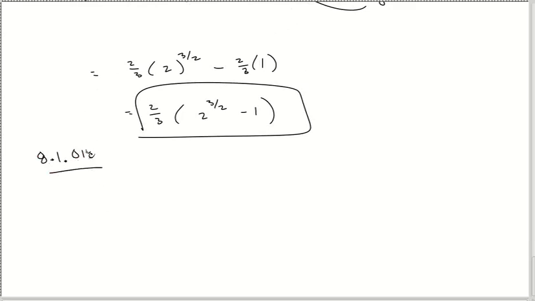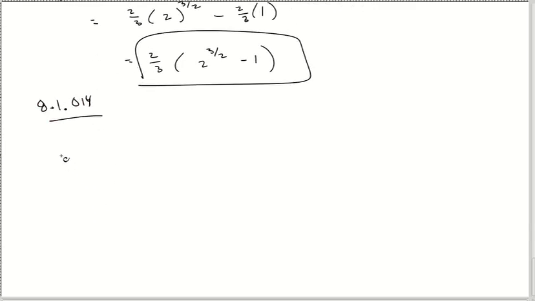Problem 8.1.14. Yes, that's a 4. x is equal to y to the 4th over 8 plus 1 over 4y squared, and we're going from 1 to 3. So I want you, as the student here, to pay attention to this problem.